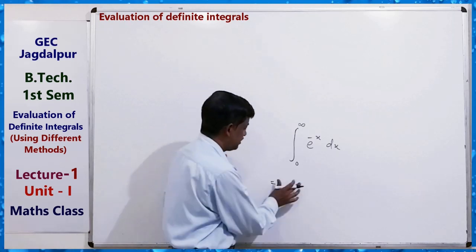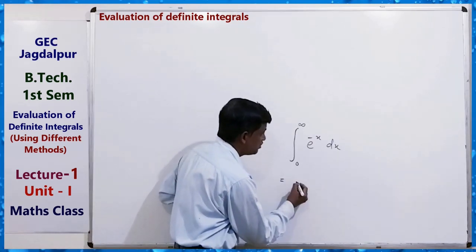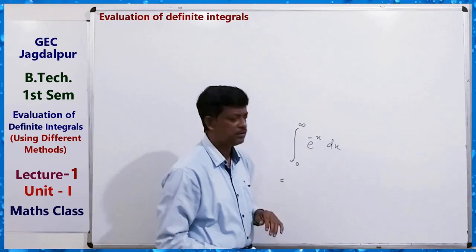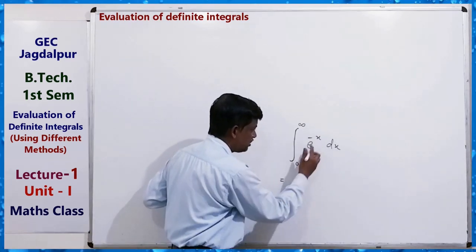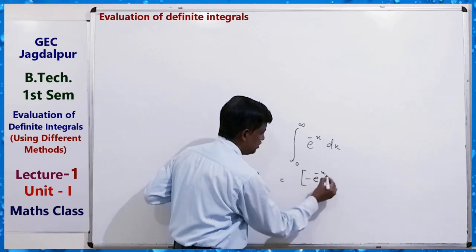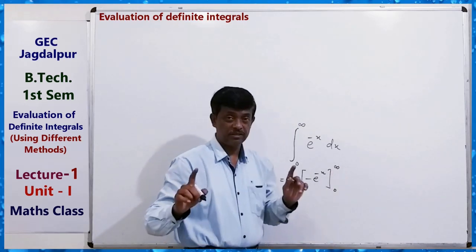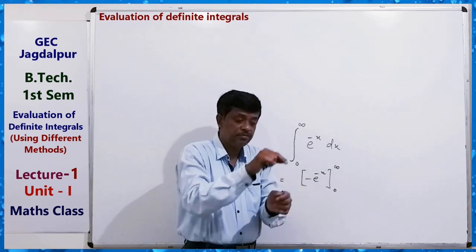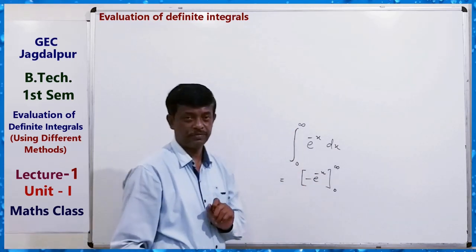So for that, how can we find the value? This is equal to, just by using the fundamental theorem, we can do the integration without limit: minus e to the power minus x, and use the limit 0 to infinity. Here you cannot put infinity in this place.